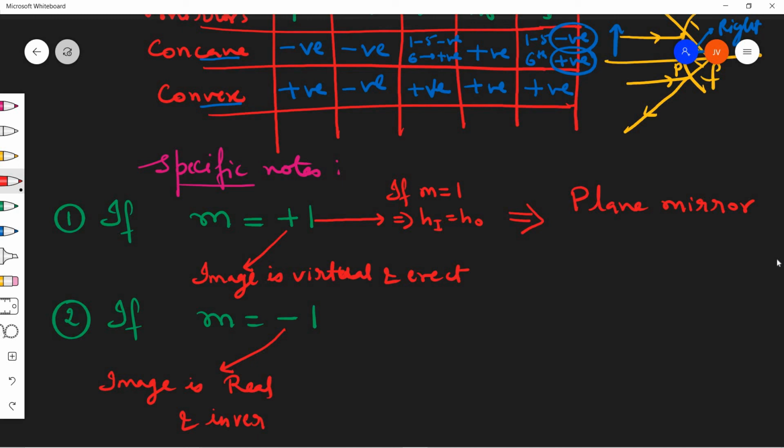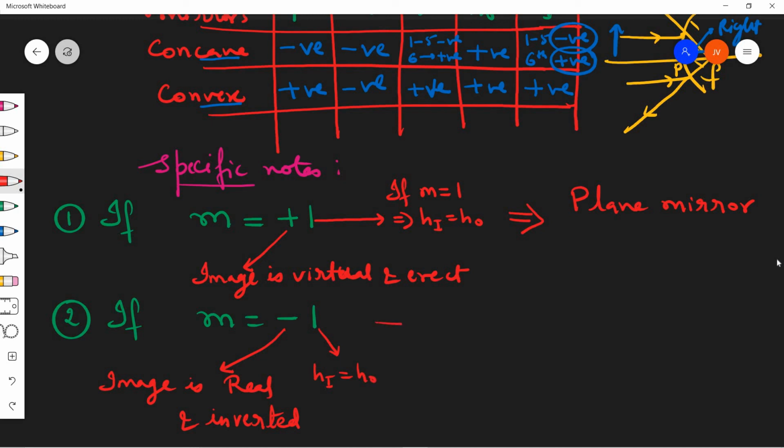Virtual images are images which are formed without actual intersection of reflected or refracted light rays. So here negative magnification clearly indicates that image is real, and all real images are inverted. And magnification 1 obviously indicates that height of image is equal to height of object.